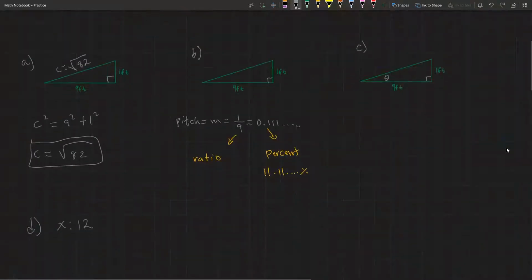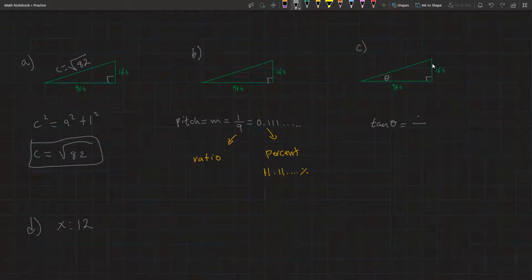All right, and remember that for the most part, because I didn't write the value of C here, relative to this angle, 1 is the opposite. Relative to this angle, 9 is the adjacent. Adjacent means next to. So look how the angle is next to this 9. Therefore, we can write that the tangent of that angle theta is 1/9.